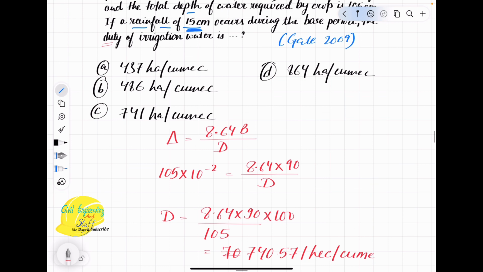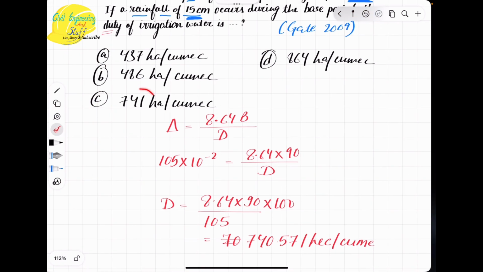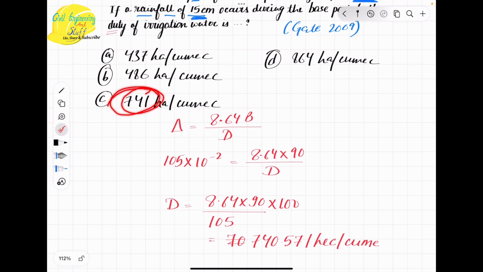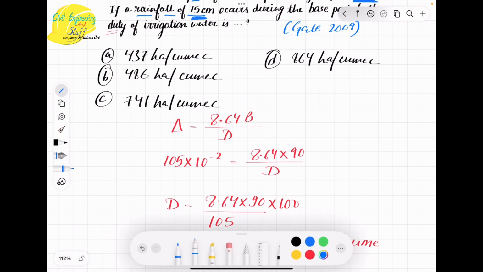Right now our nearest option is 741, option C, but that is not the exact one. So in this scenario, when the answer is not exact, let us consider another scenario.